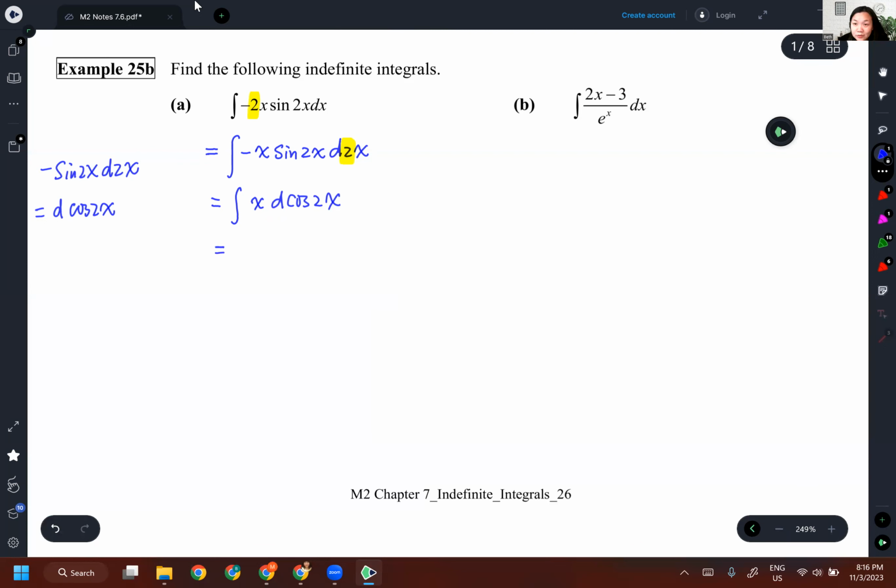Now I'm ready to use the integration by parts formula. Identify which one is u, which one is v. In this case, this is u, this is v. So it's equal to u times v minus v du.